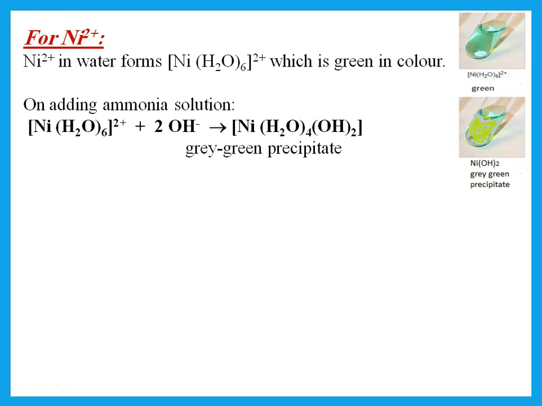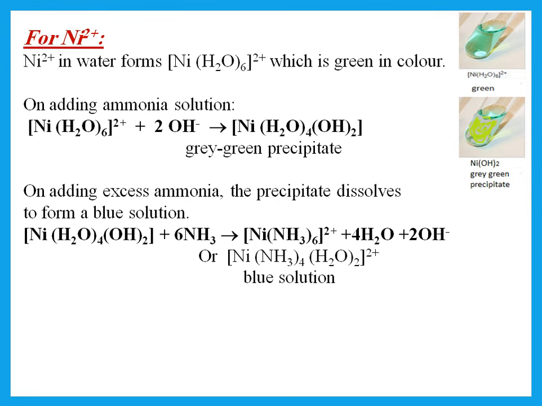This forms a gray-green precipitate. If we add excess ammonia, the precipitate dissolves and I end up with a blue solution in which the nickel is complexed to 6 ammonia or 4 ammonia and 2 water with an overall 2 plus charge. This is a blue solution.